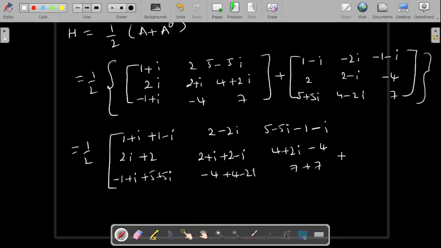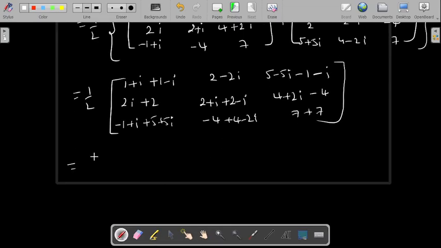Next minus 4 plus minus 4, and 7 plus 7. So now it's just numbers addition and subtraction. So this will be cancelled, subtracted.